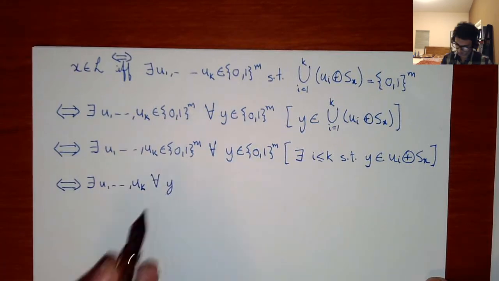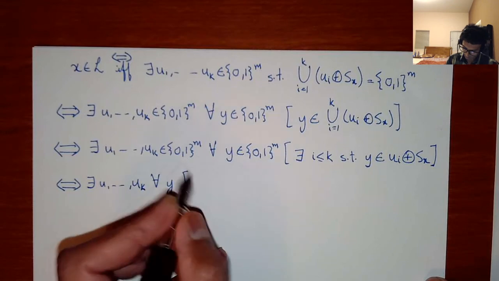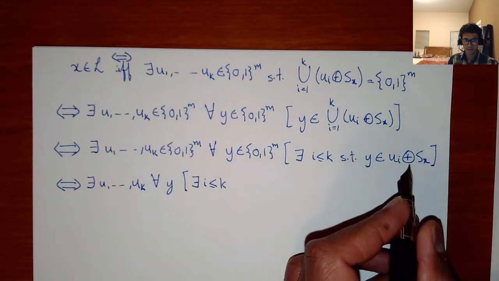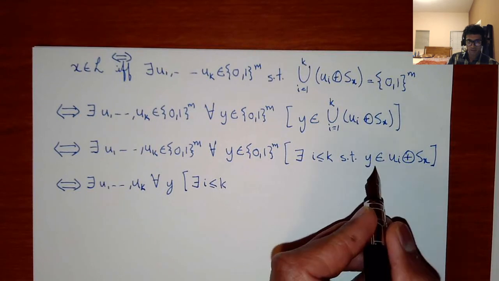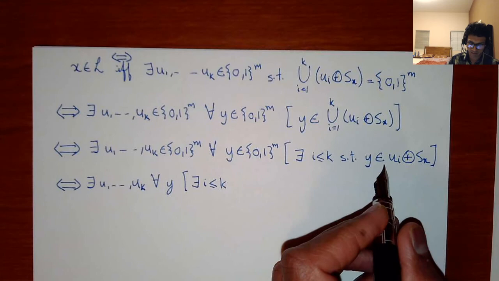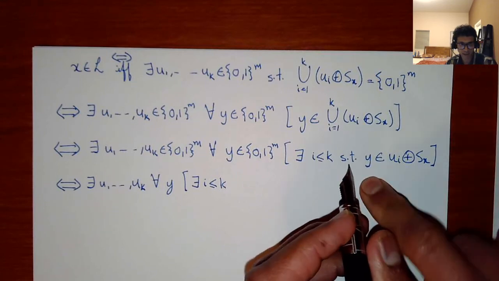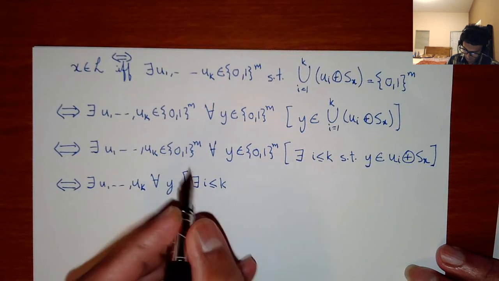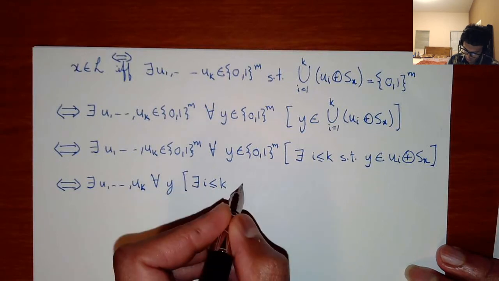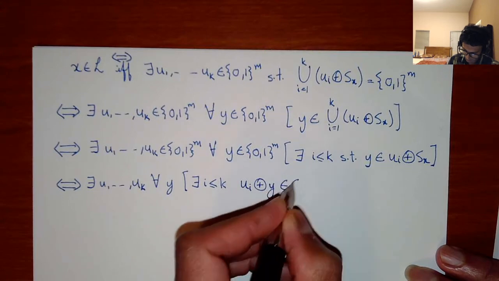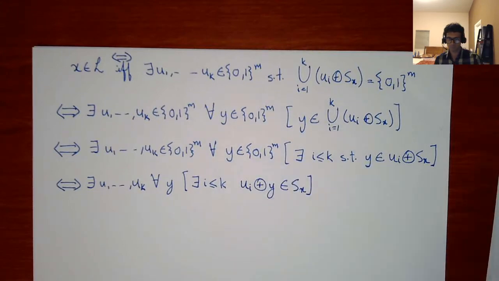Now here's the important point. Here's the critical point. Instead of writing Y being an element of the shift of SX by UI, I can shift Y and check if it's in SX. So that's like saying there exists an I such that UI XOR Y lies in SX.